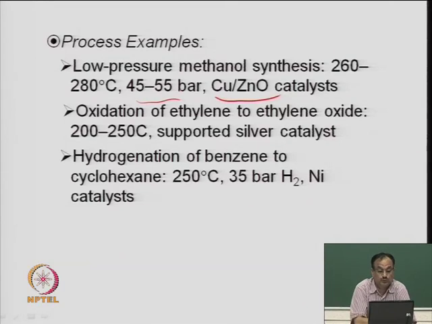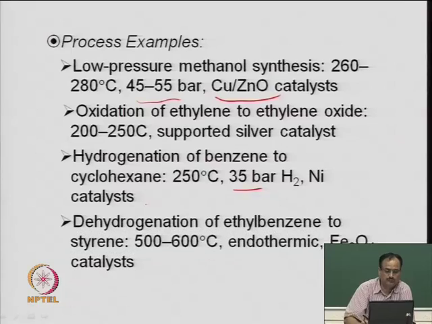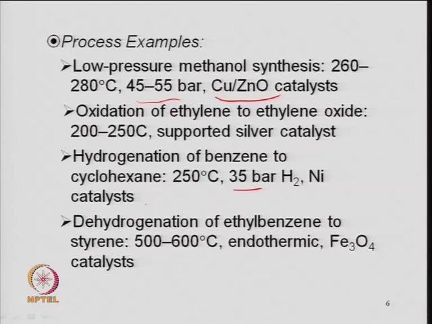Hydrogenation of benzene to cyclohexane, again important in the petrochemical and chemical industry, right, which is done at 250 degree centigrade and 35 atmosphere of hydrogen pressure, and the catalyst is a nickel catalyst. So, there are some different processes where these kinds of multitubular reactors are used, because the reaction is exothermic. So, one needs to identify a pressure, temperature and the catalyst suitable for the process for these kinds of multitubular reactors.